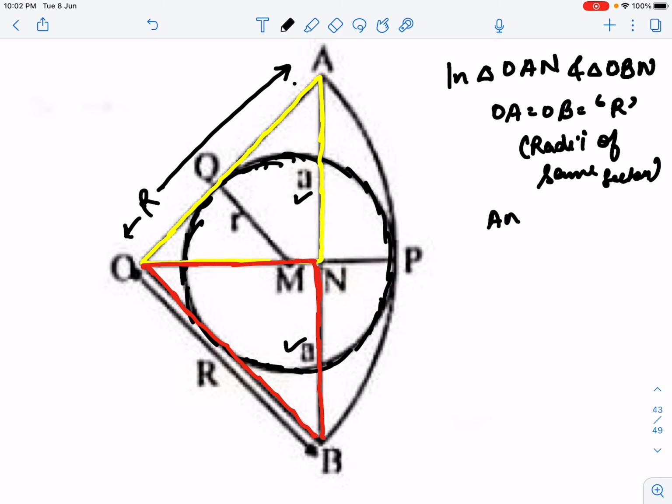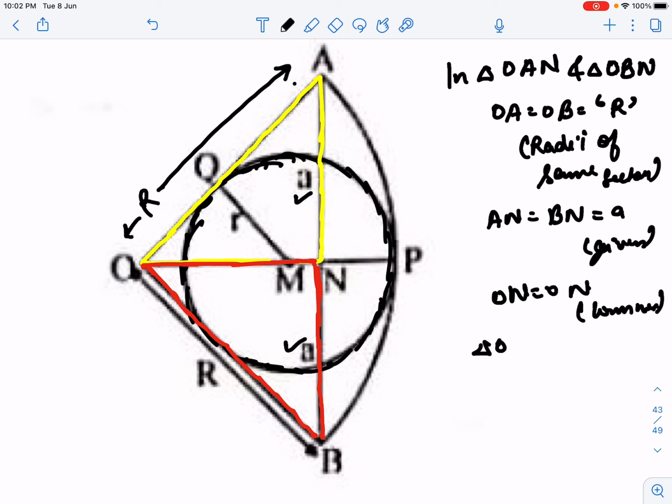AN is equal to BN, both of them have been marked as small a in the figure given. And ON is equal to ON, it will be common. So triangle OAN will be congruent to triangle OBN by SSS congruency criteria.